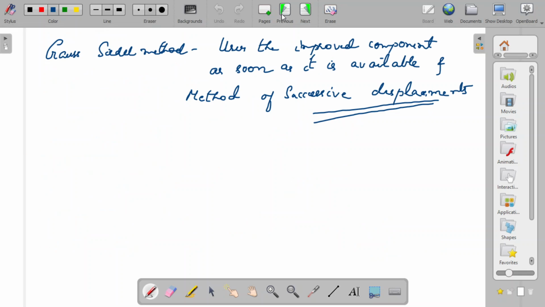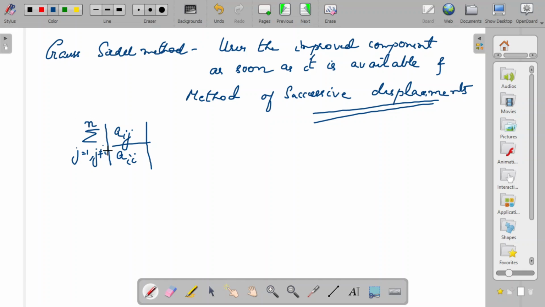So then I can write the condition as sigma of the absolute values of aij, divided by the absolute value of aii, summed over j equal to 1 to n, where j does not equal i.